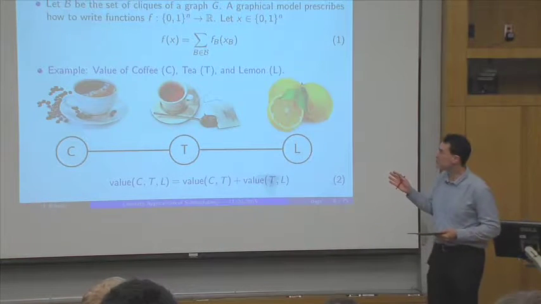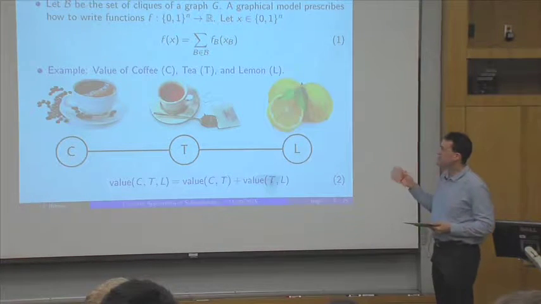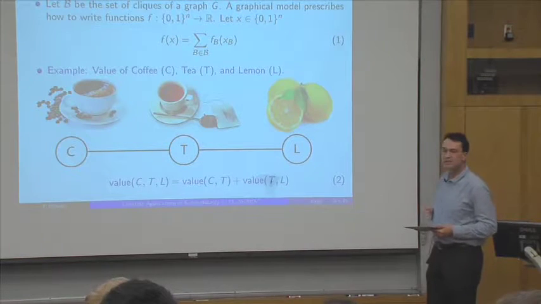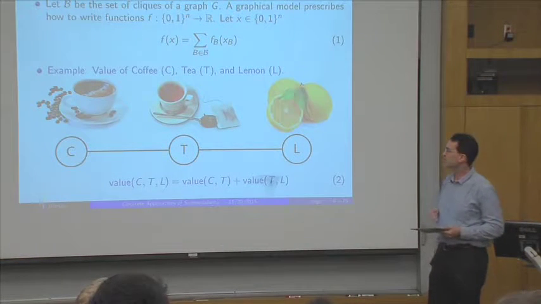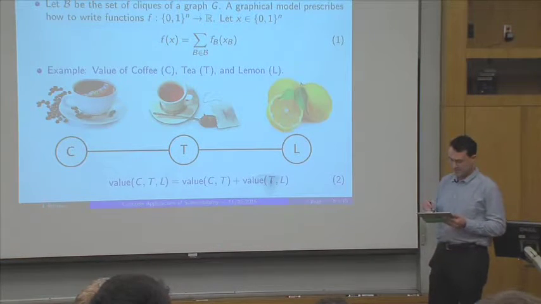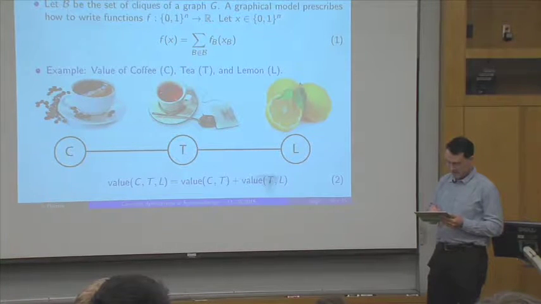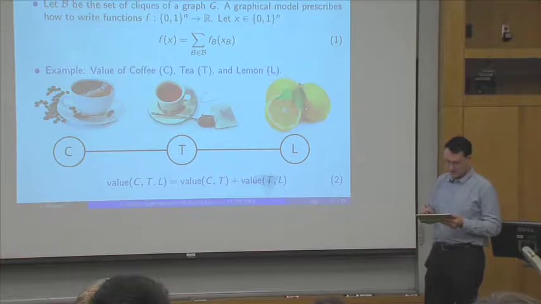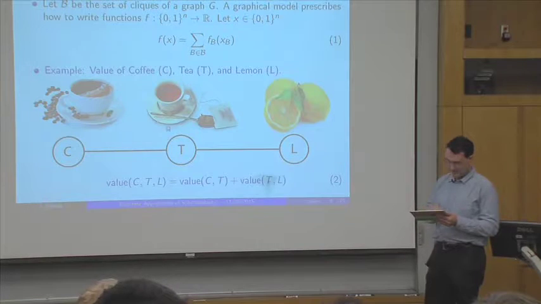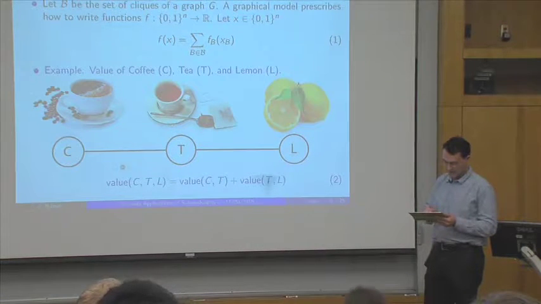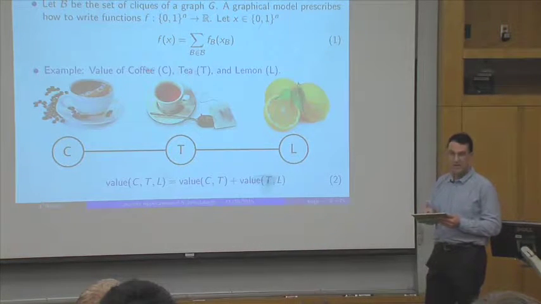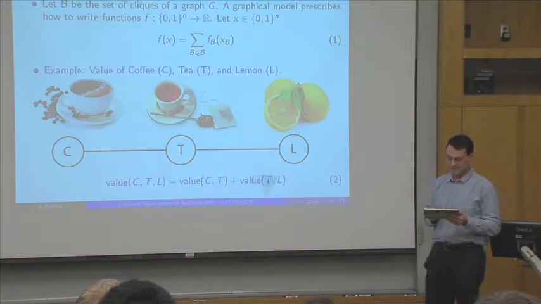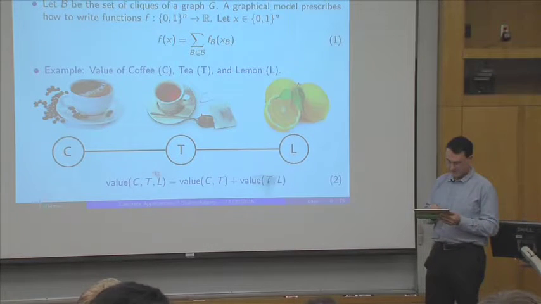So here's an example. Let's say that you take three objects, and you're interested in the value of the presence or absence of these three objects, which might be a cup of coffee, a cup of tea, and some lemon. Let's say you were considering using this graph to describe the value of the presence or absence of any of these three objects, coffee, tea, or lemon. And so we have a value function.